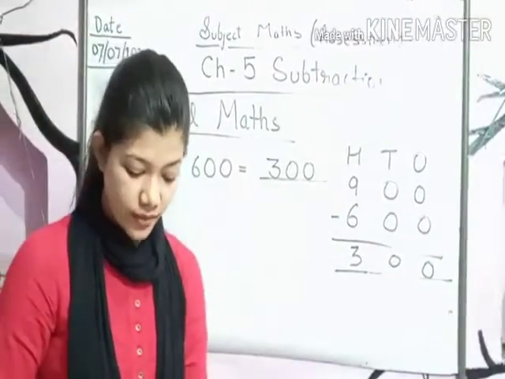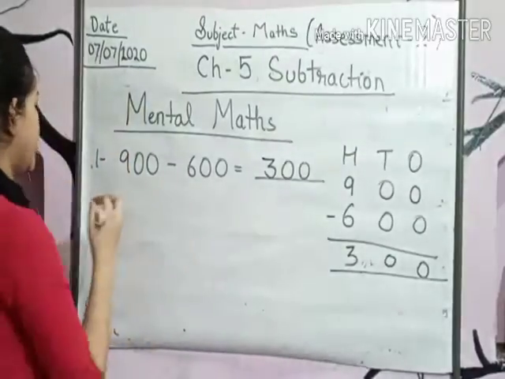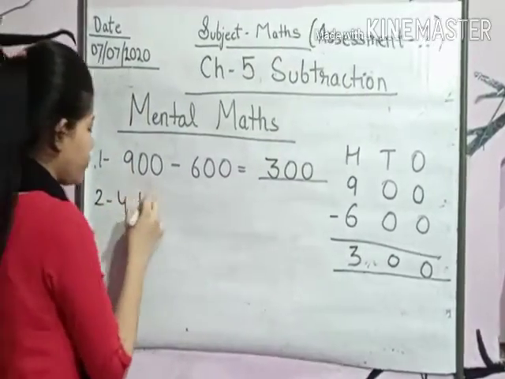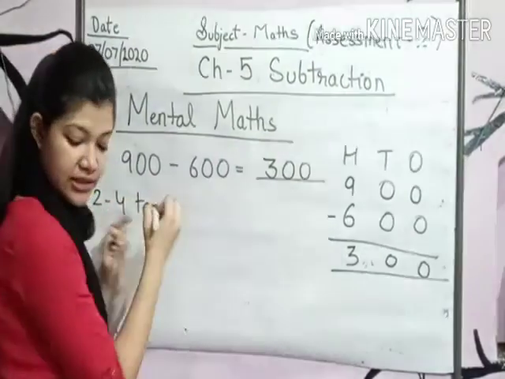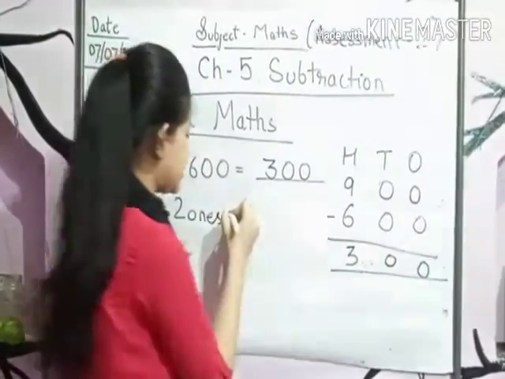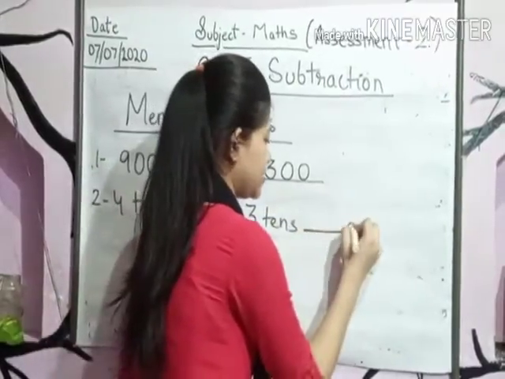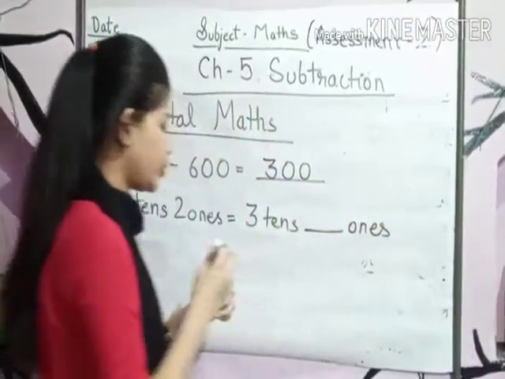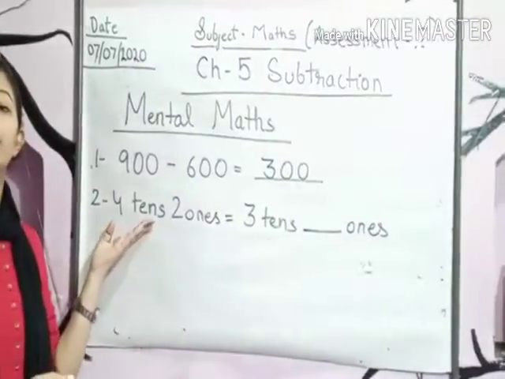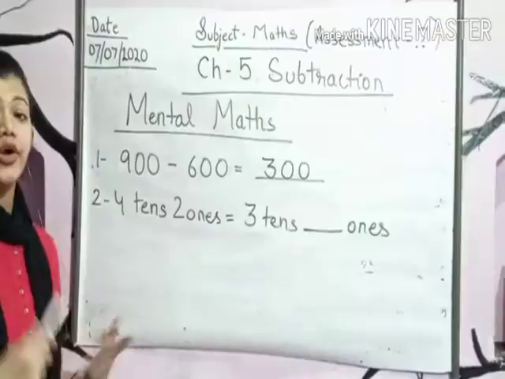4 tens, 2 ones is equal to 3 tens dash ones. Now students, see what you have to do here. You don't have to do subtraction or addition.